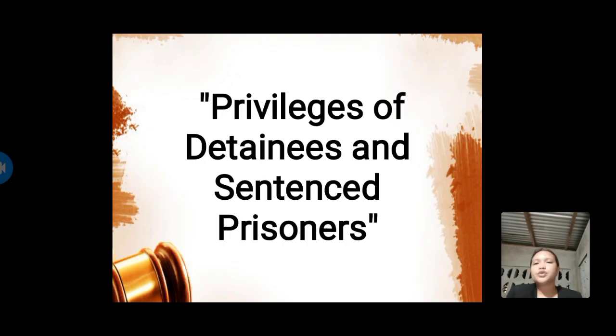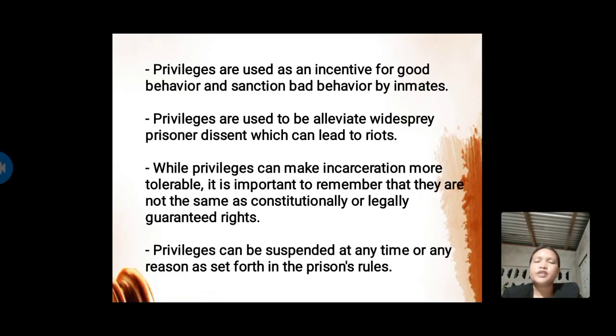So we also have privileges of detainees and sentenced prisoners. Privileges are used as an incentive for good behavior and to sanction bad behavior by inmates. The privileges are used to alleviate widespread prisoner dissent, which can lead to riots.